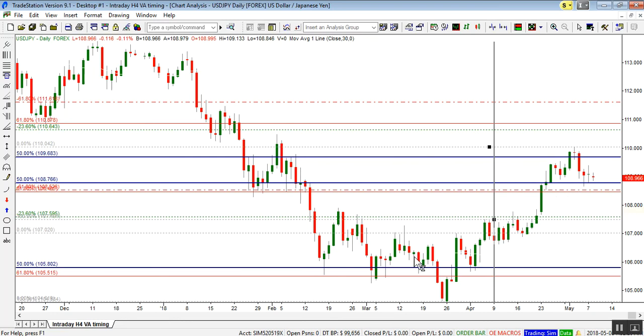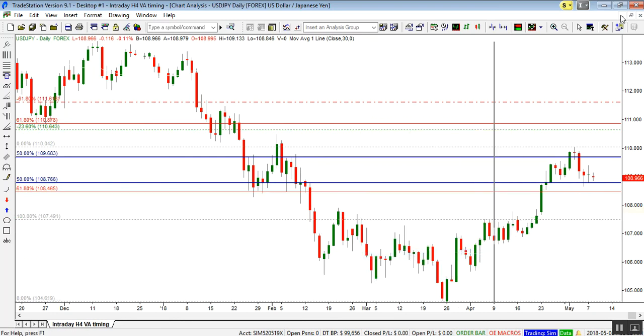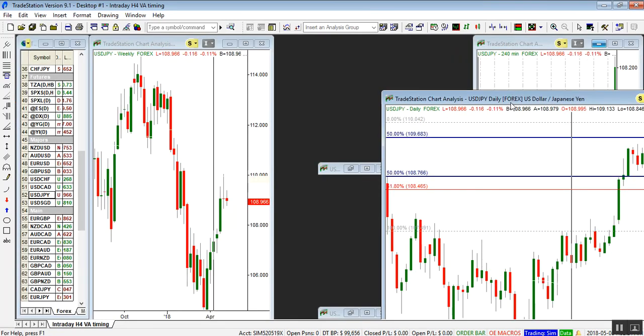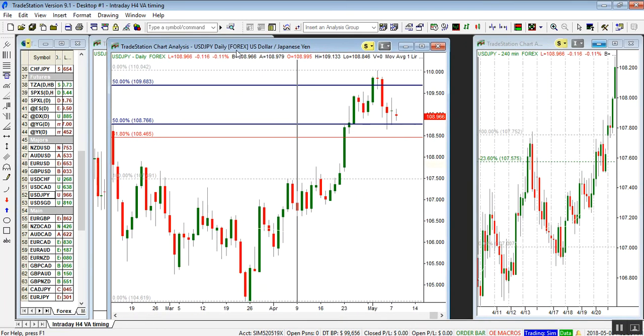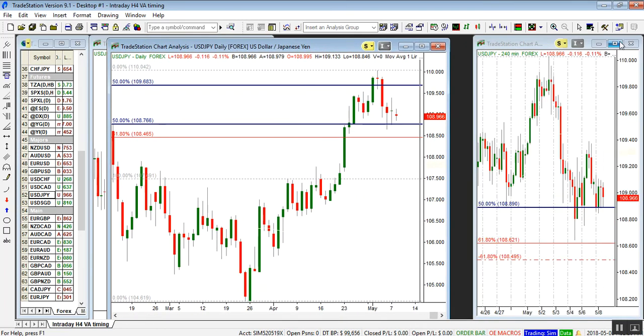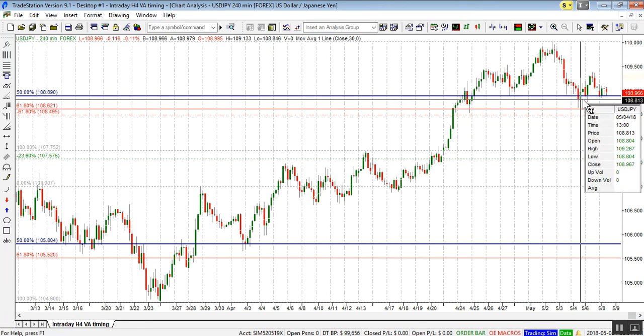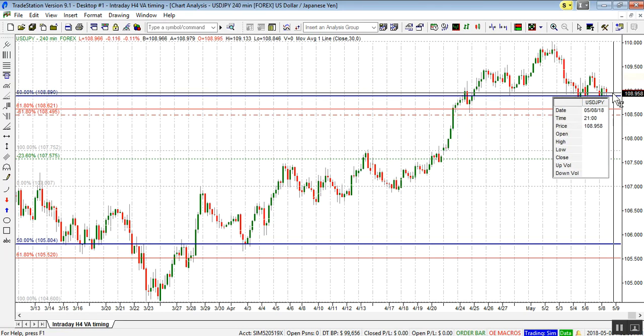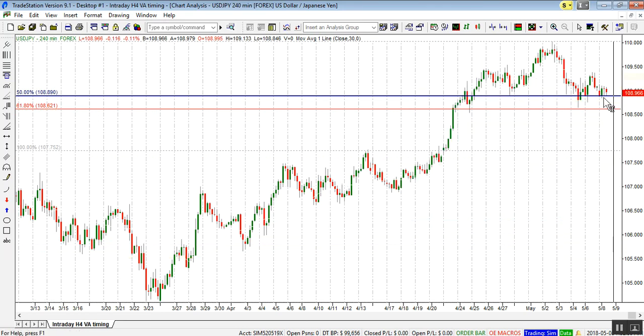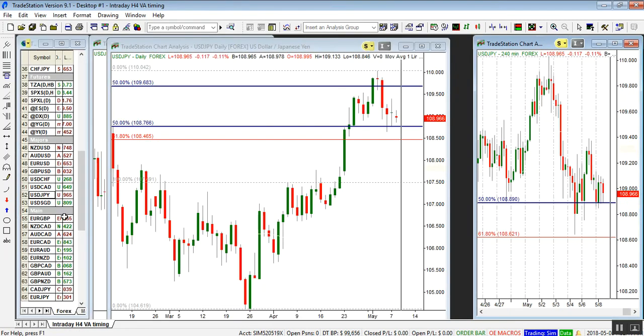Okay, we had already this level traced. This level is holding at the moment, and as you can see here, the extension here was respected in the last 3 days, still holding here.